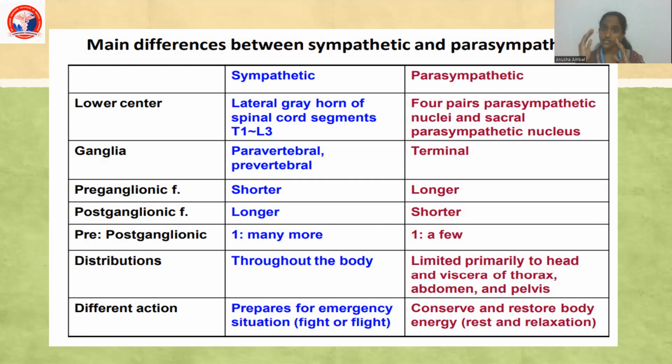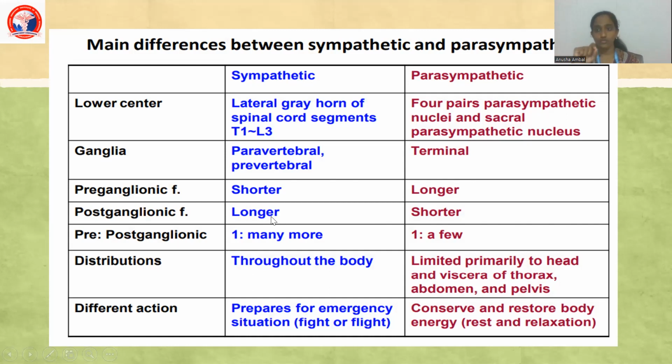Whereas in the parasympathetic, the ganglia is very close to the effector cell. Only then the preganglionic neuron will be long and the postganglionic neuron will be short. So it has to be close to the effector cell, which means its position is at the terminal point. So preganglionic is short in sympathetic, long in parasympathetic, and the reverse for postganglionic.